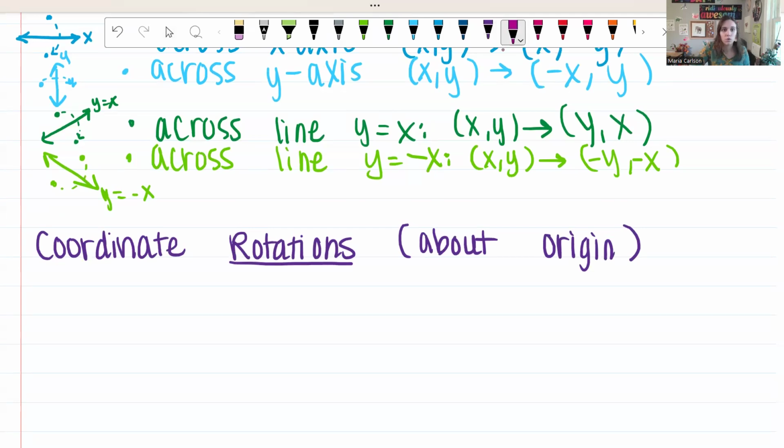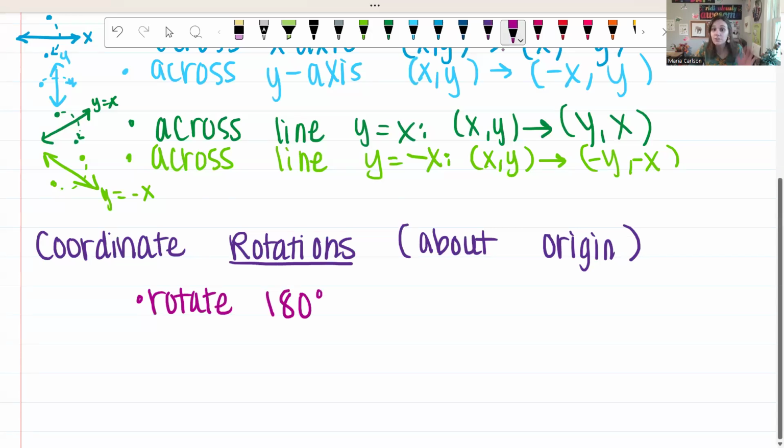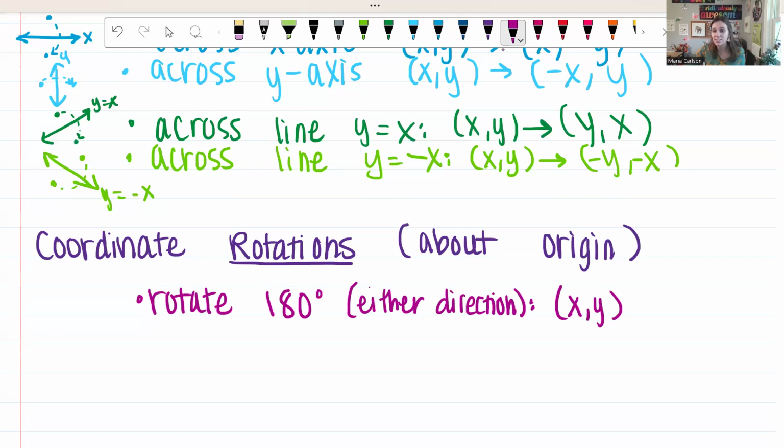We could rotate the figure 180 degrees, either direction. Your point x comma y is going to rotate around twice, and the signs are going to flip, and it's going to become the point negative x comma negative y. So when you rotate 180 degrees, the point essentially stays the same, the signs just flip.